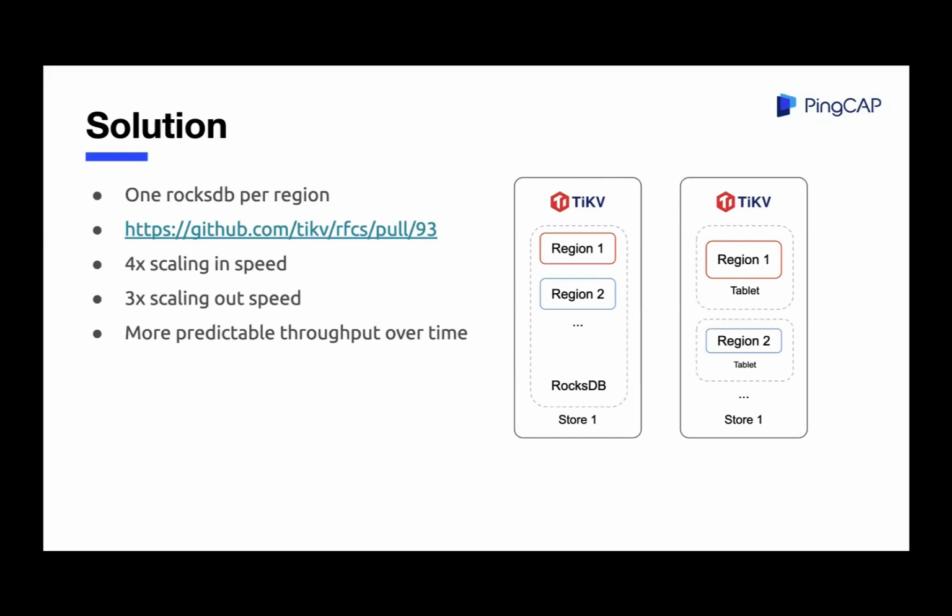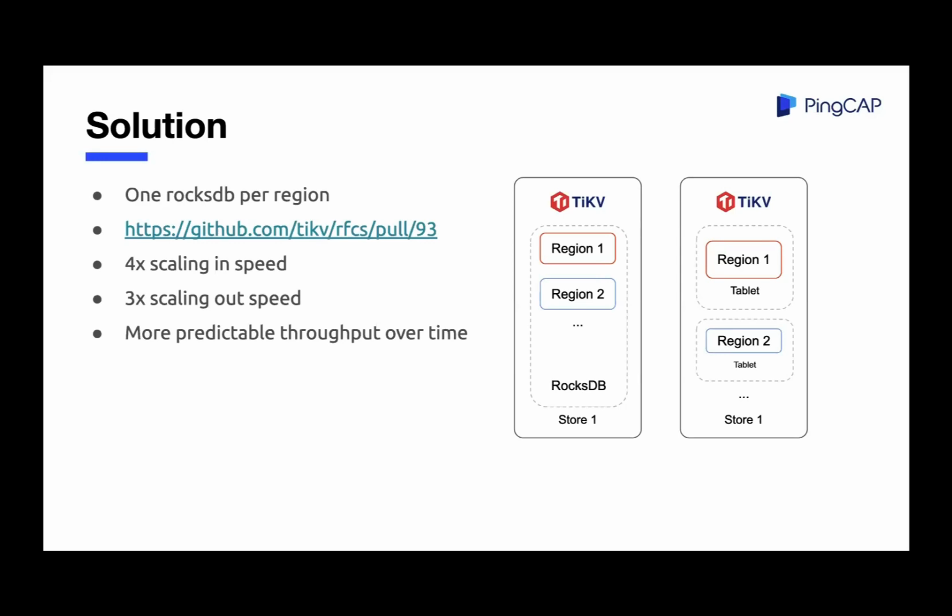First, although we have multiple RocksDB instances inside an instance, we still share the same Raft log. So the actual data written to the disk is not amplified by the multi-RocksDB architecture. So the disk resource, we don't need to worry.